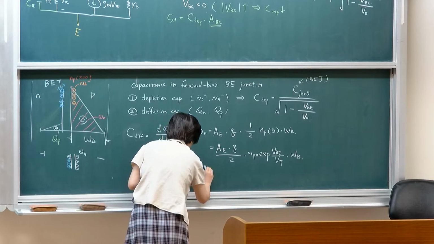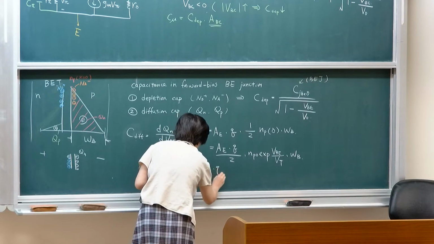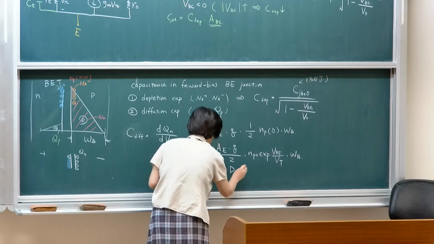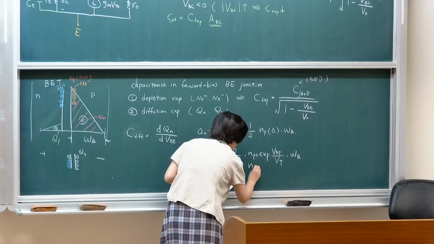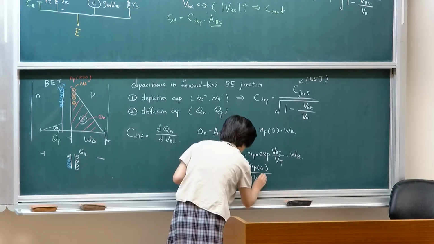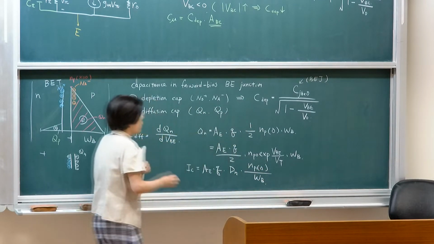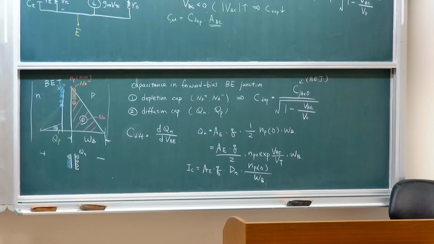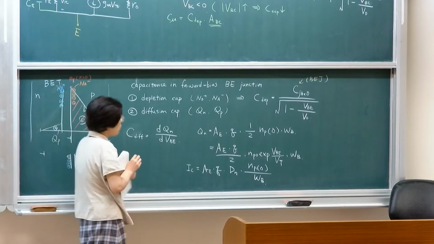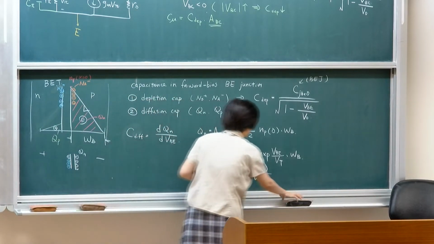IC is A_E times q times Dn times np0 divided by WB. If we go back to find the slope, we determine this is a diffusion current.